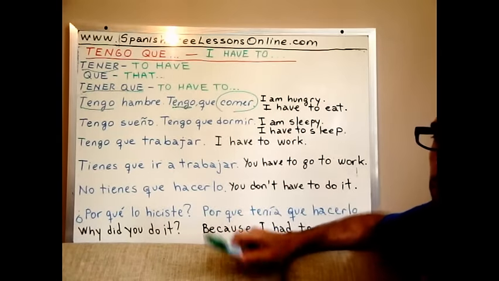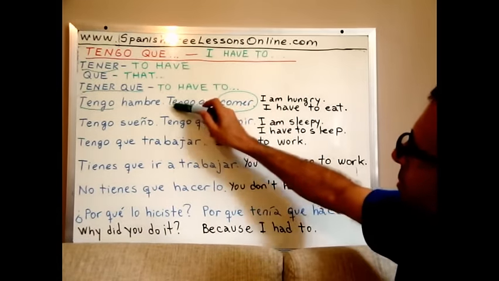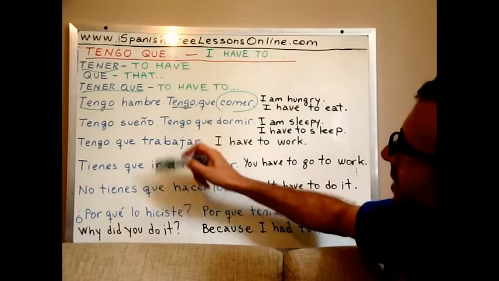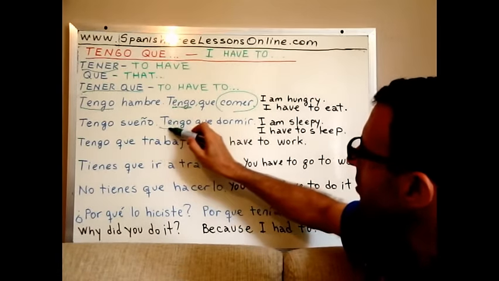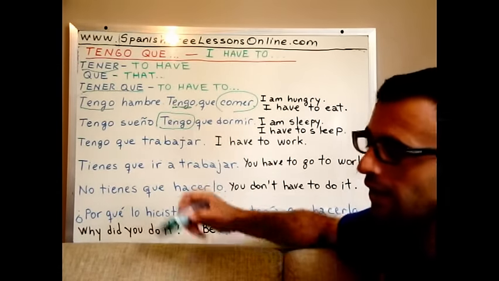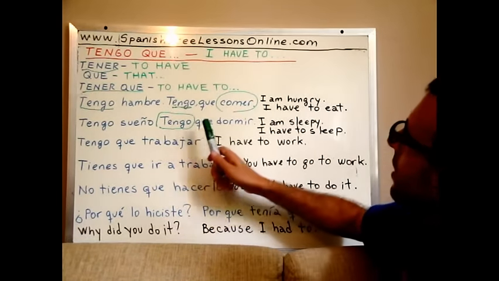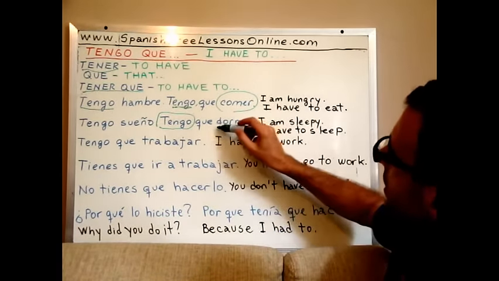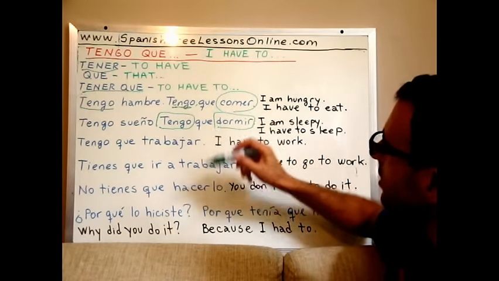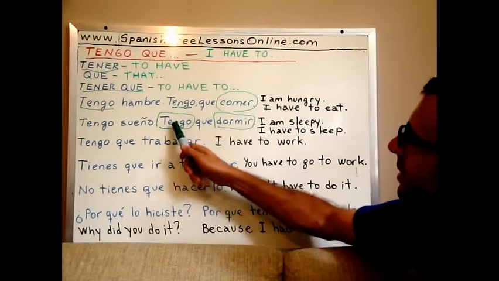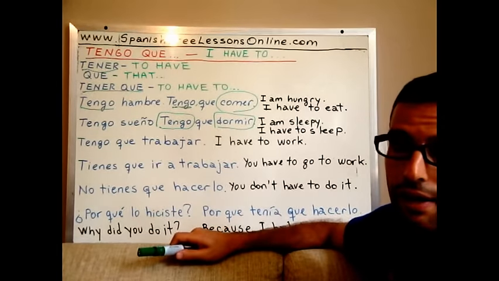Dormir is to sleep. And as we said before, since tengo is already conjugated, right? In this case, into the first person, present tense. Then dormir goes in infinitive, right? Tengo que dormir means I have to sleep.